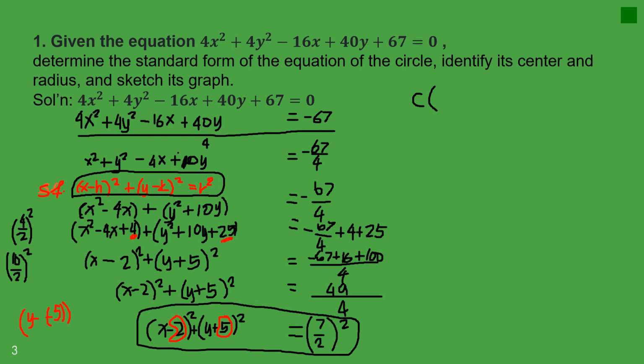So our center is at positive 2, negative 5. And the radius of our circle, this value here, is 7 over 2 or 3.5.